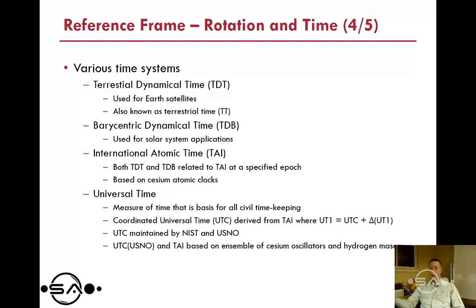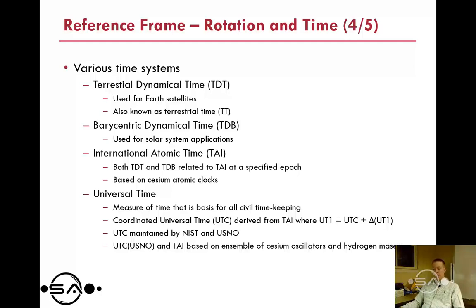And then there's international atomic time, which both terrestrial time and the barycentric time are related to through some specified epoch. And in order to keep the international atomic time, or the reference value of it, we use cesium clocks or hydrogen masers and some mixture of those.